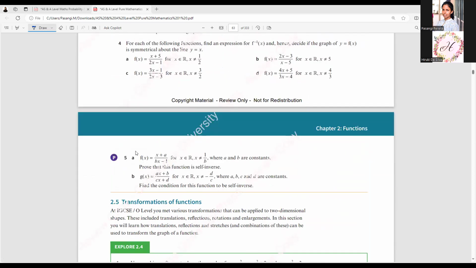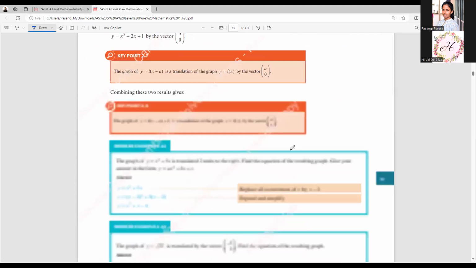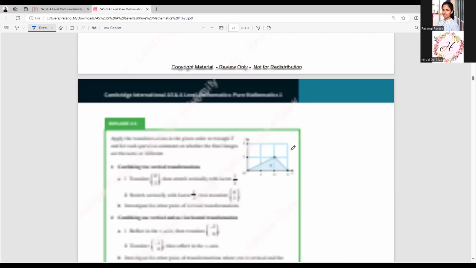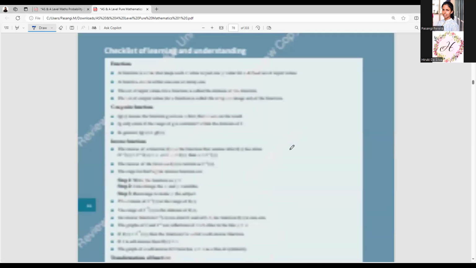Okay. Do the fifth question, the last practice question. How many topics are there remaining? Five, six. Oh, this one's not an example.